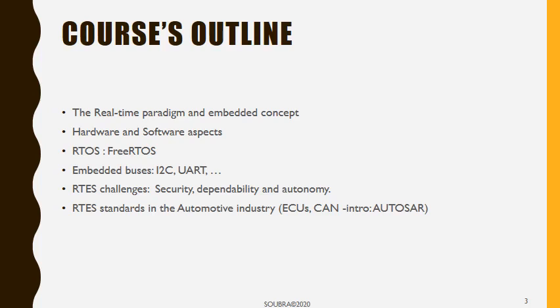And this brings us to the one important software that we tackled last year, which is the operating system and the system software. And this year, as I told you before, we'll be tackling real-time operating systems, and particularly FreeRTOS, which is an open source operating system that is meant to run on embedded systems.